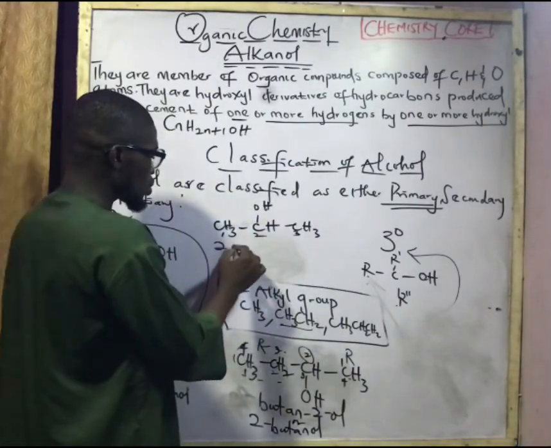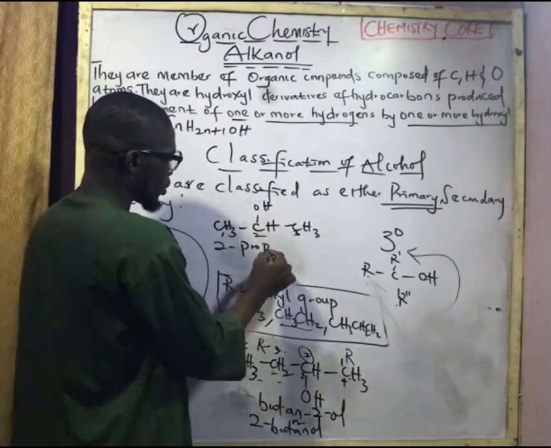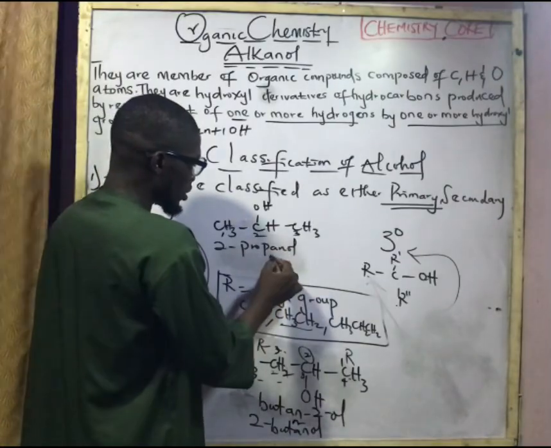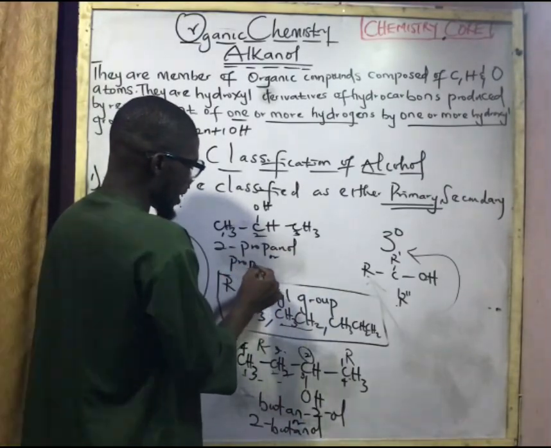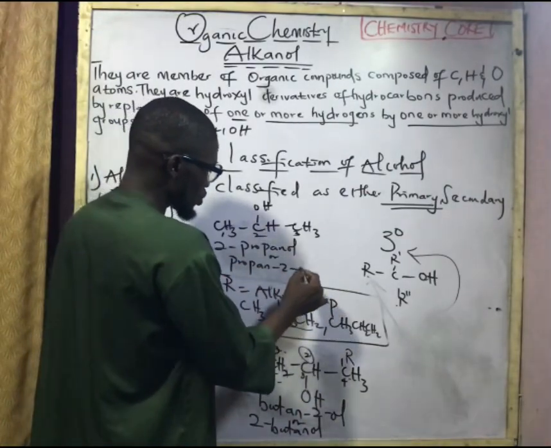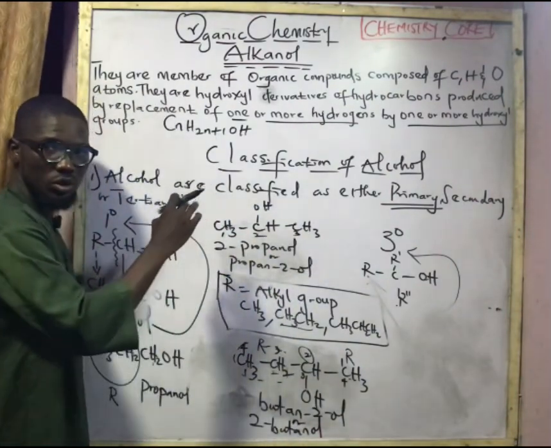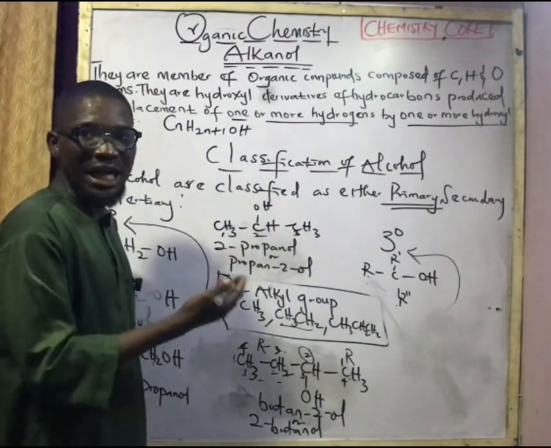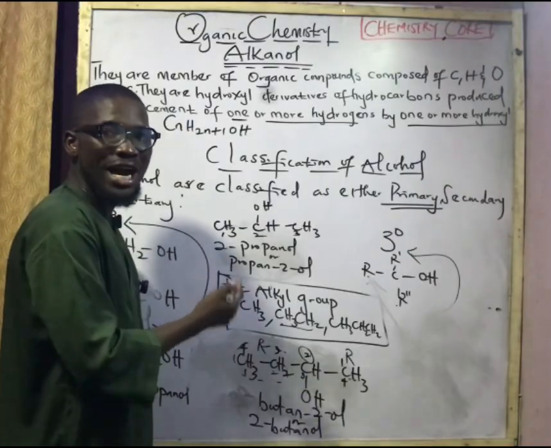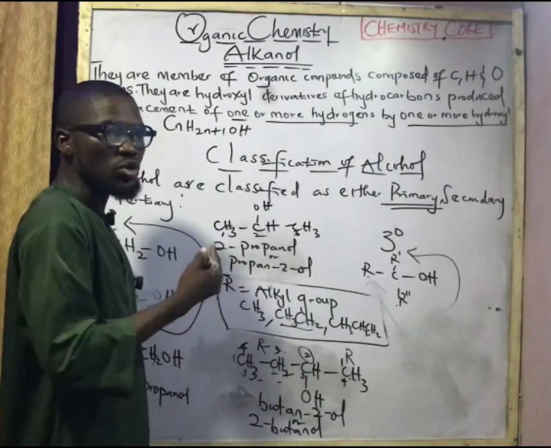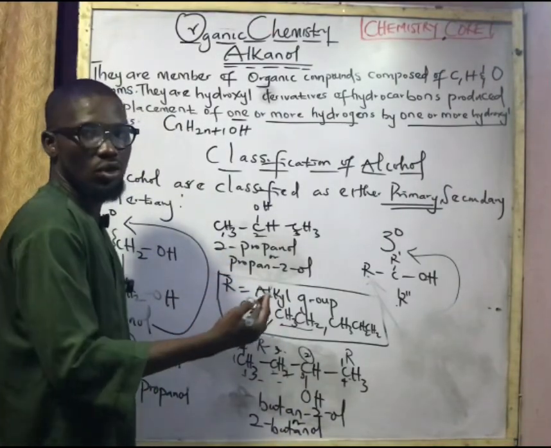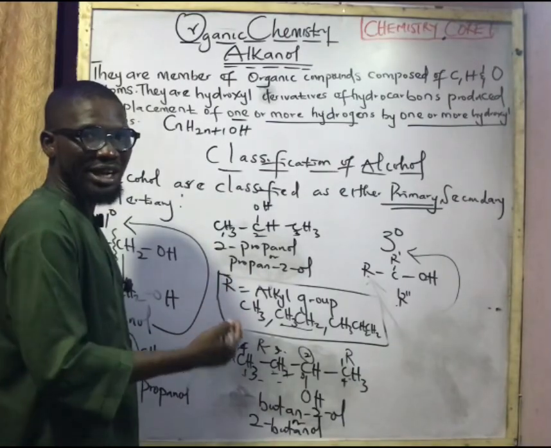So we said 2-propanol or propan-2-ol. We have 3 carbon atoms, which is what? Propane under the alkane. But here, since we are identifying the alcohol, it will change to what? Propanol, not propane anymore.